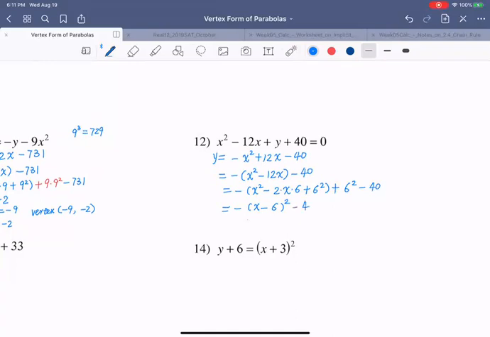So vertex. X equals to what? X equals 6. Y equals -4. Perfect. Vertex.